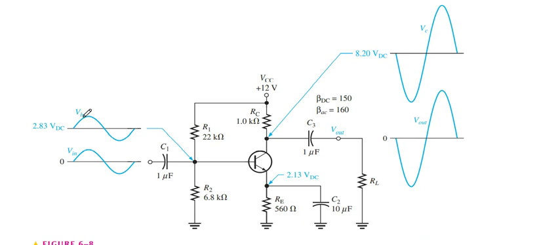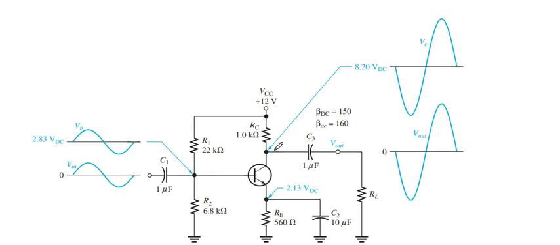When we give the input signal, we get the output signal in voltage form. In this diagram, he mentioned everything in the calculation, as C1 and C3 are 1 microfarad.